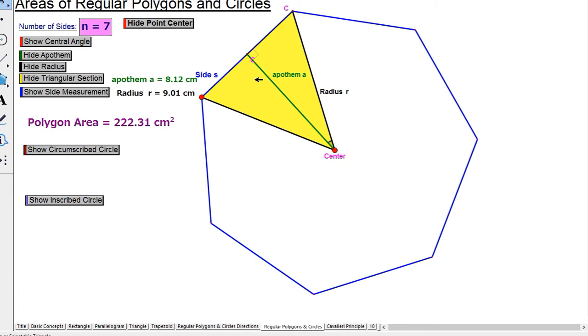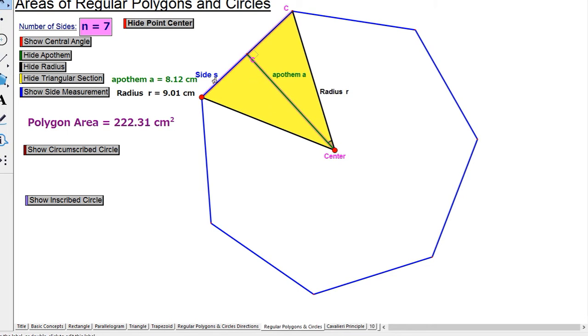So if we want to find the area, it's just n times the area of this yellow triangle. We know the formula for a triangle's area: it's the base, which is length s, times its height, or altitude, which is the apothem a, times a half.